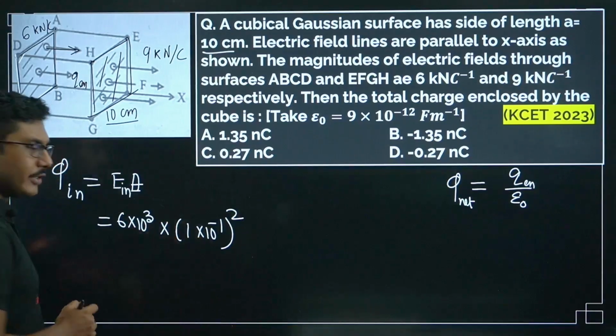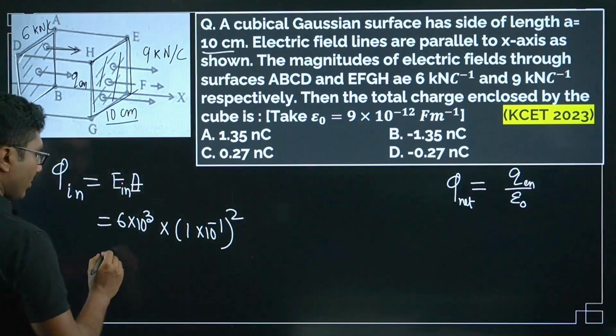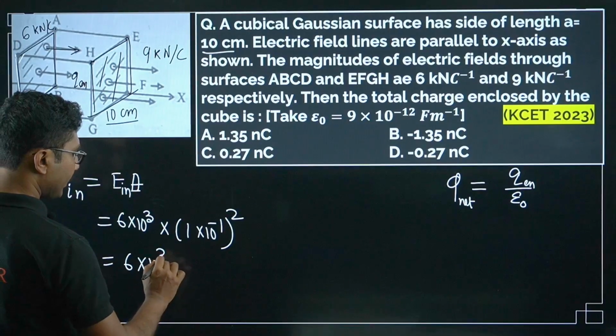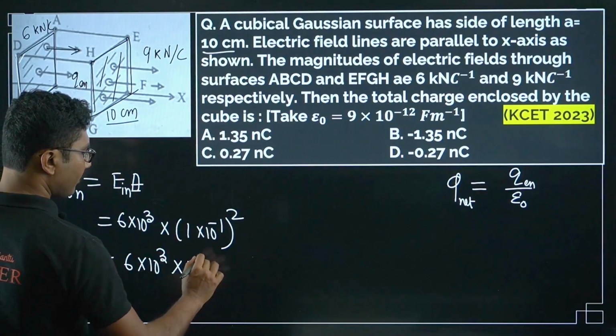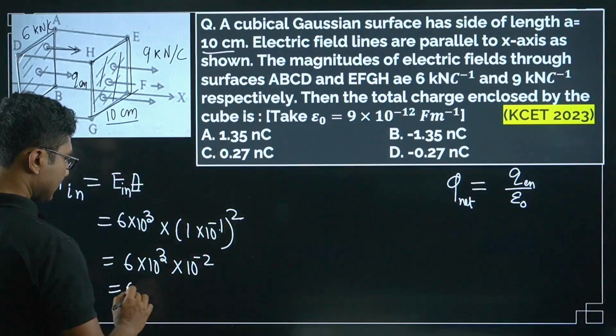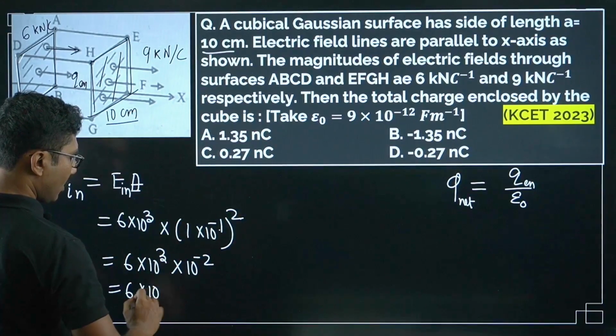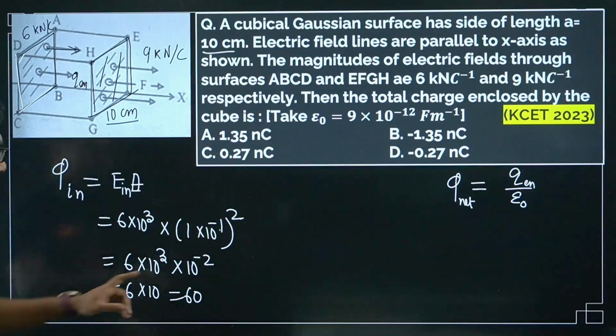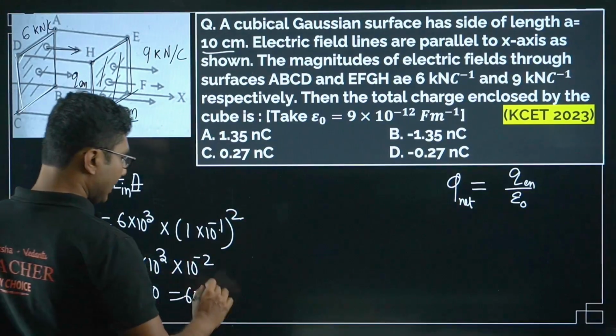Now what is the value? 6 into 10 to the power of 3 into 10 to the power of minus 2, which is 6 into 10 to the power of 1, that is 60. So this is the electric flux that is going in.